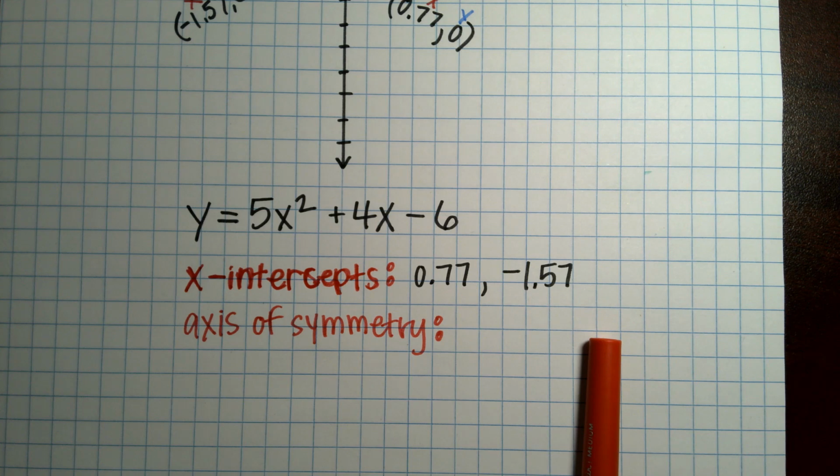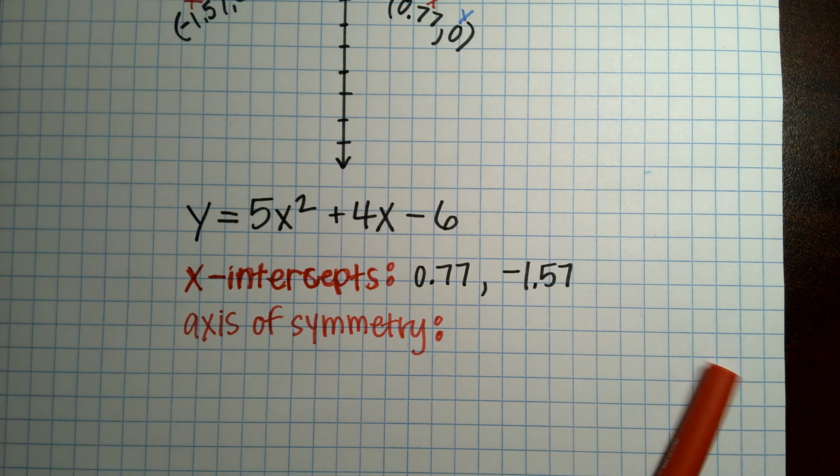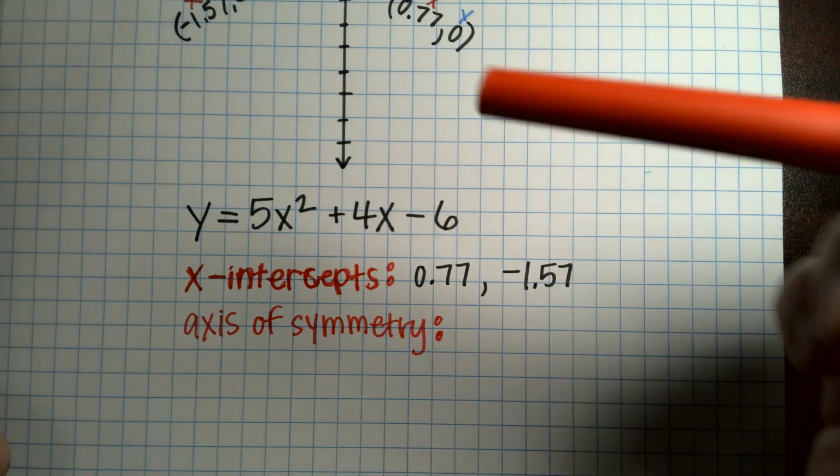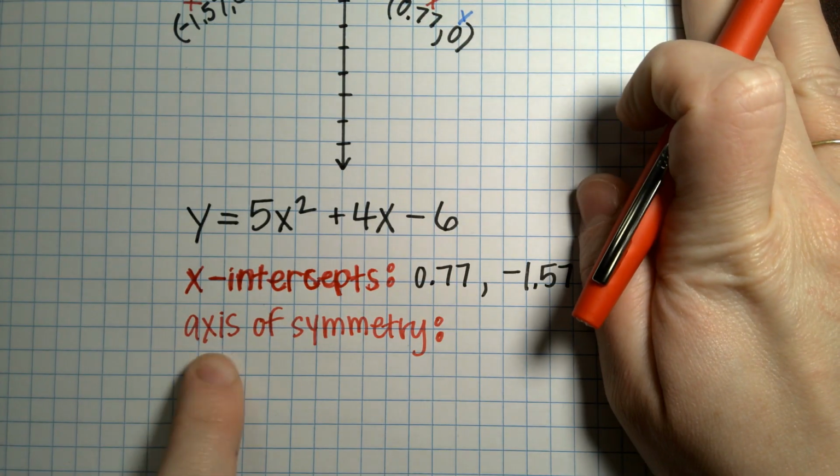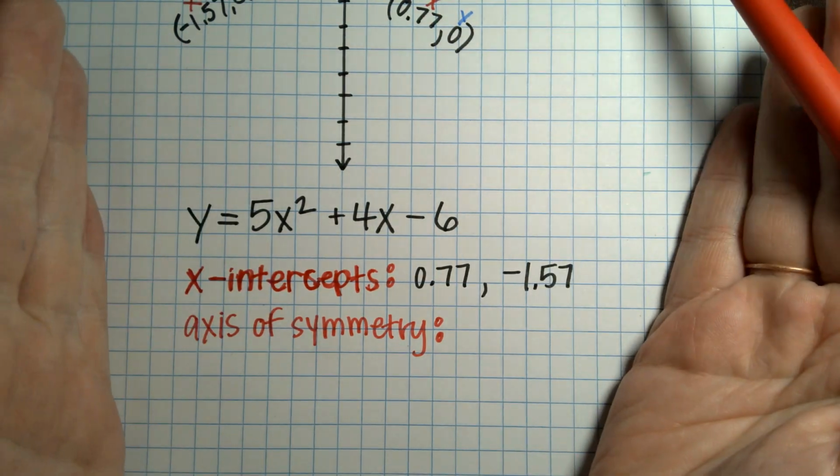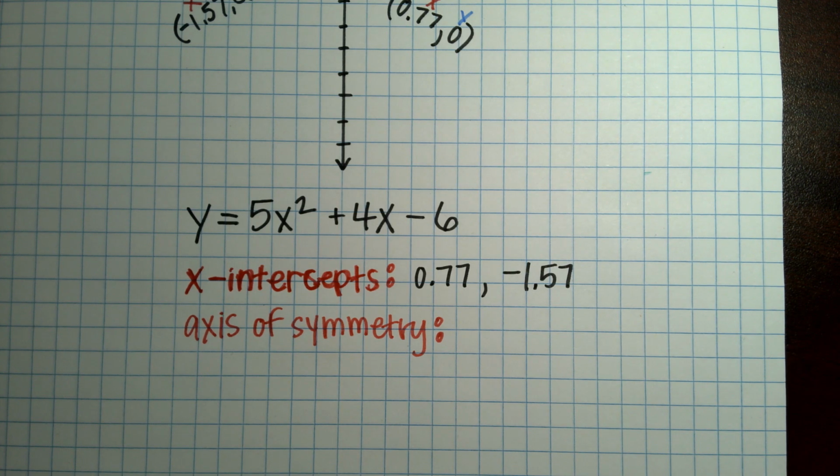It's like when you look in a mirror, that image of yourself is symmetrical to what you look like. So the axis of symmetry on our graph is the line that splits our shape down the middle.